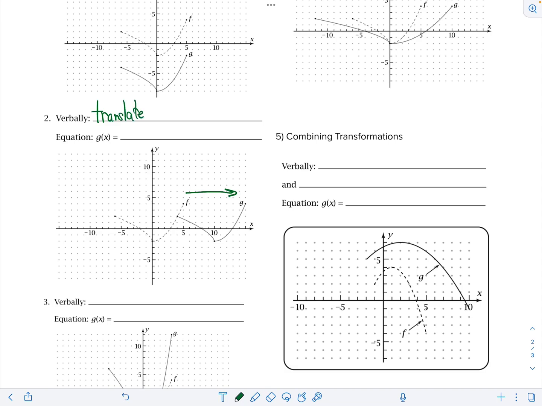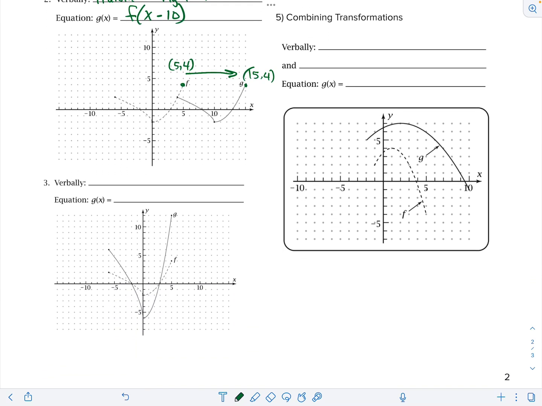That is the point 5, 4 to 15, 4. It looks like it's gone 10 to the right. That means g of x is f of x minus 10. It means I've translated everything over 10 to the right.